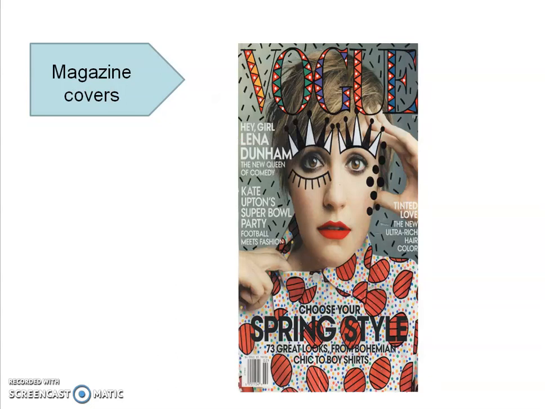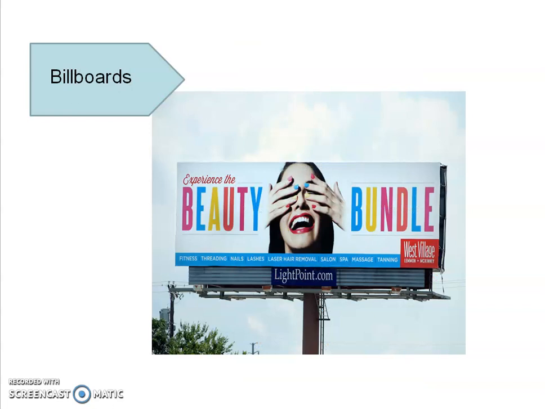The example of a magazine cover, the most famous example, Vogue. The interesting layout by using imagery and typography. Billboards: the strong visual with strong caption.